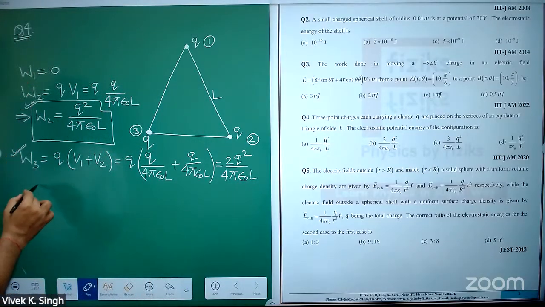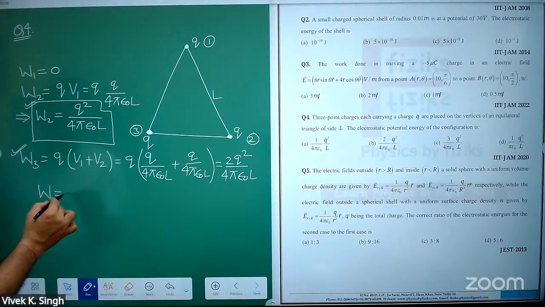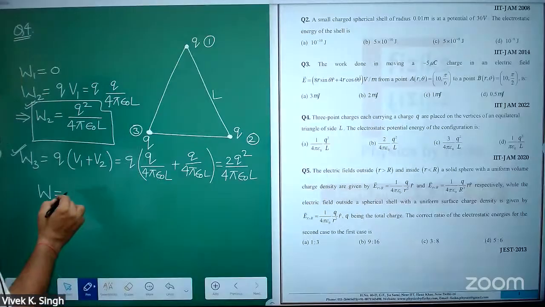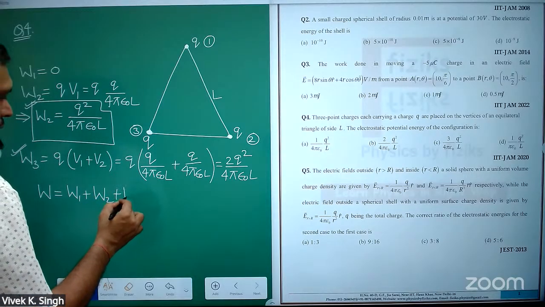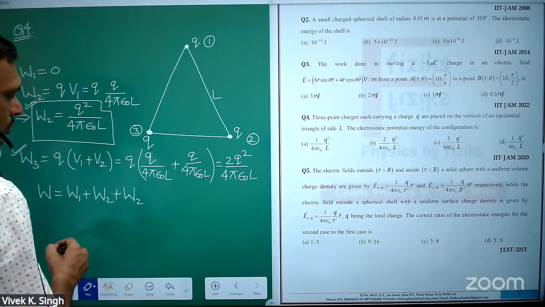So what is total work done in assembling these 3 charges? This will be given by W1 plus W2 plus W3.